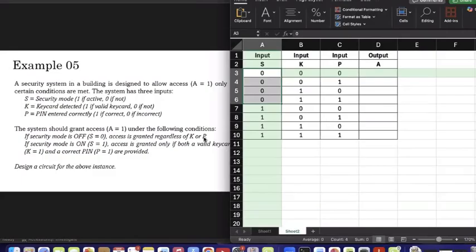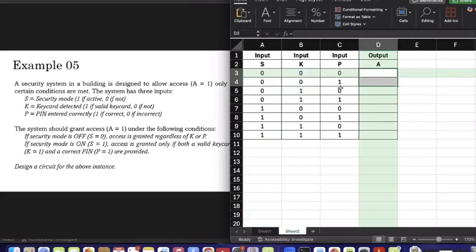If S is 0, others could be 0 or 1. They don't bother. Automatically, what happened? Final output should be... 0 or 1? No, it's opposite.